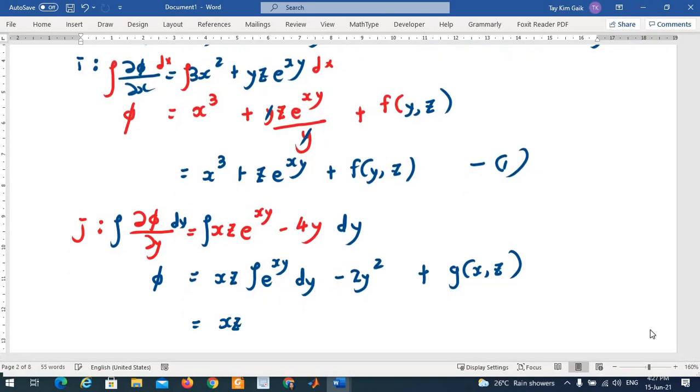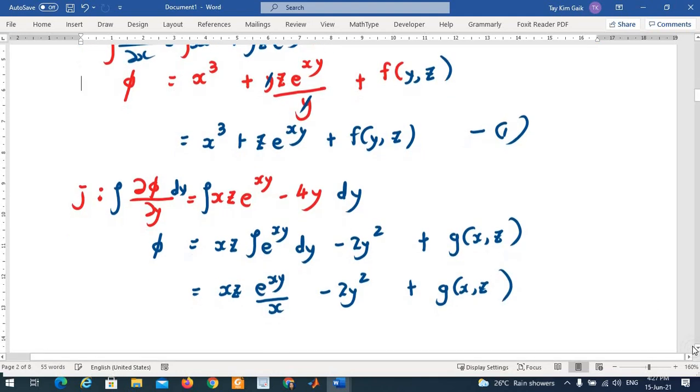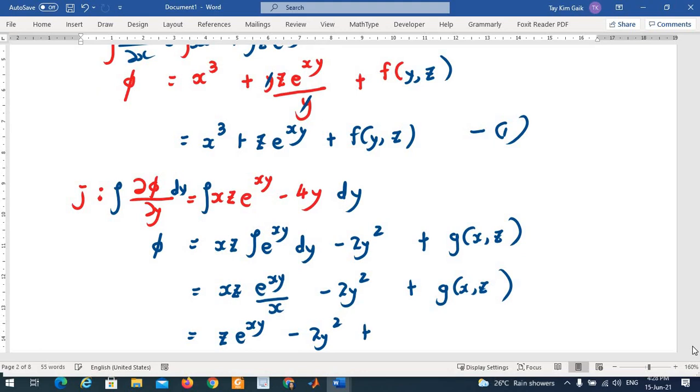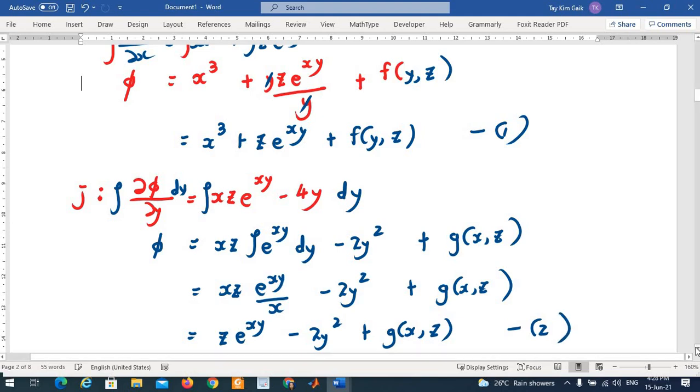So integrate xz e^(xy) dy, giving e^(xy) divided by x, and integrate negative 4y, you have negative 2y squared. Then you simplify, you get z e^(xy) minus 2y squared plus a function of x and z. This is the second equation.